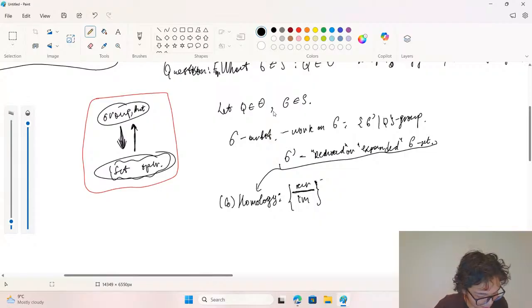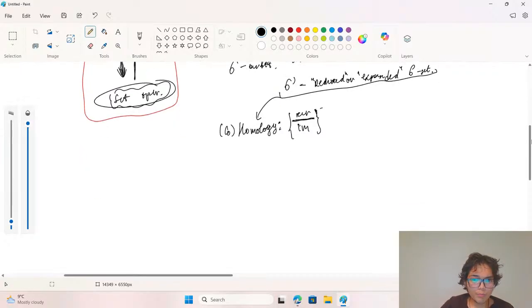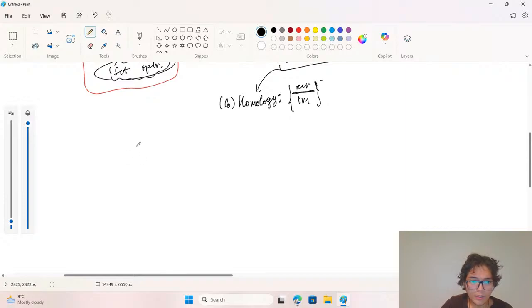Yes. And also, I thought about a dual question. What I mean by dual, for example, in differential geometry, there is a vector space V, and there is V star, which is the dual space to it, with a natural map between them.